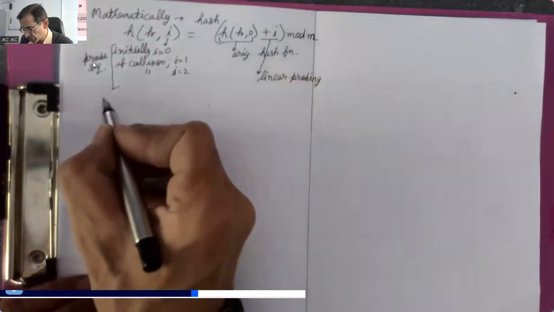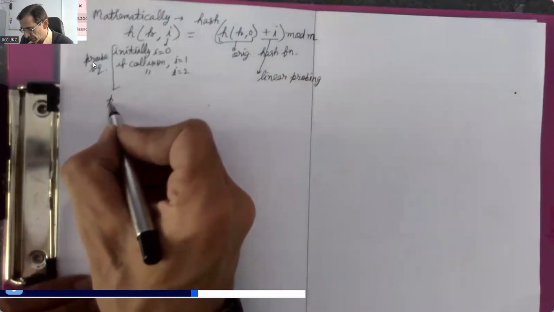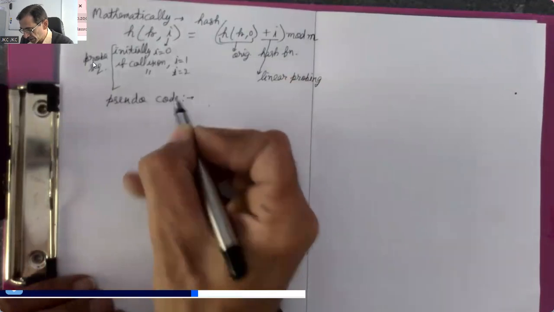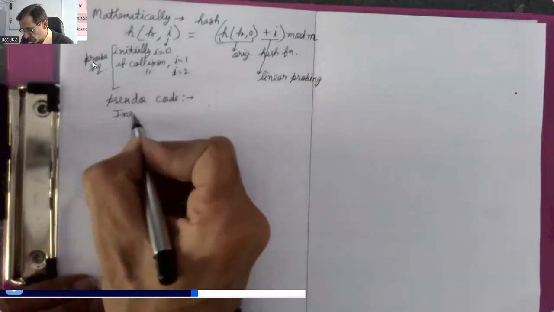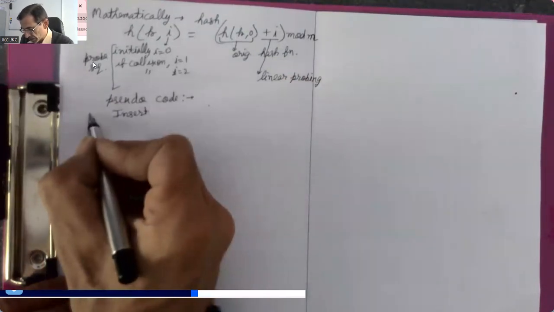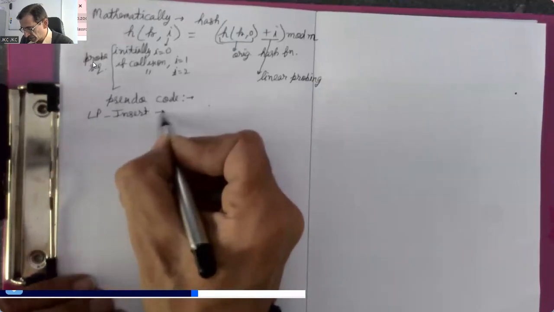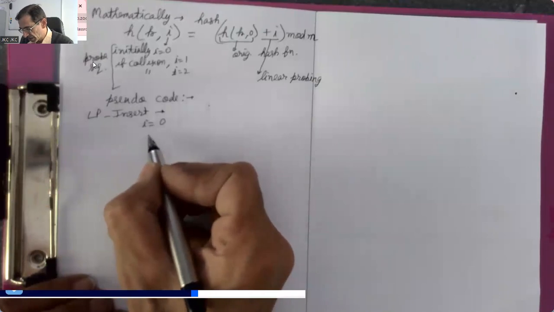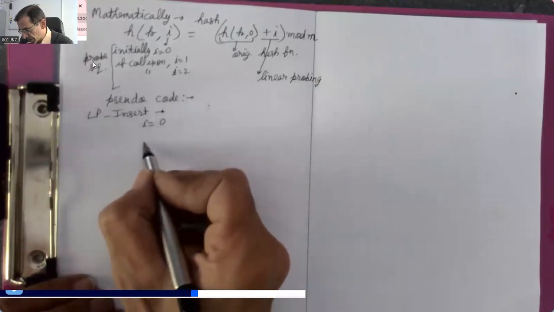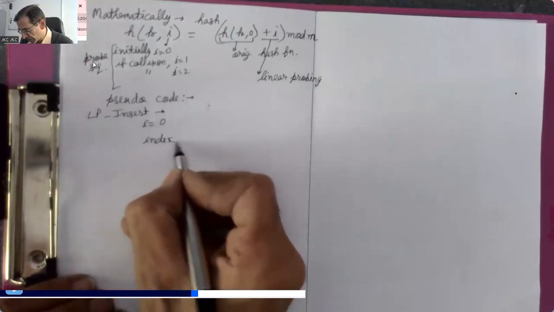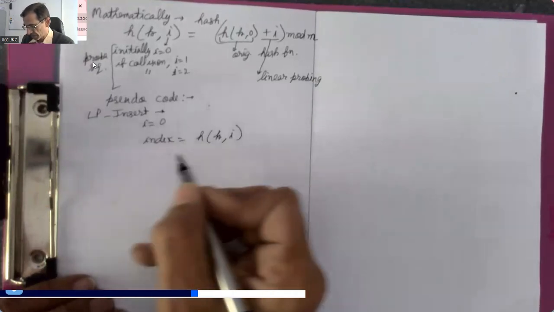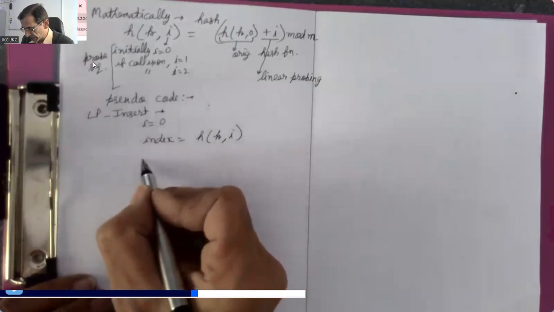So accordingly, the flowchart or the pseudocode which I have just written can be modified for insertion in linear probing. Initially take i equal to 0, and then the index is calculated every time by applying h of k, i, and this mathematical function will calculate it.